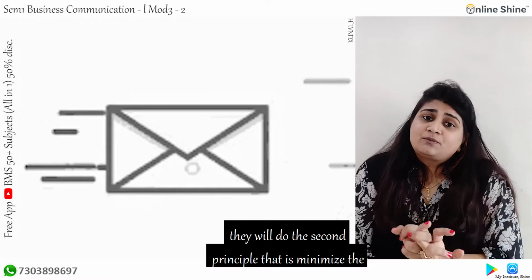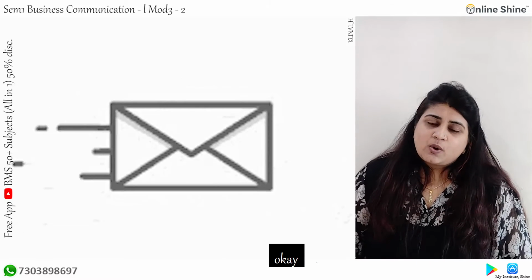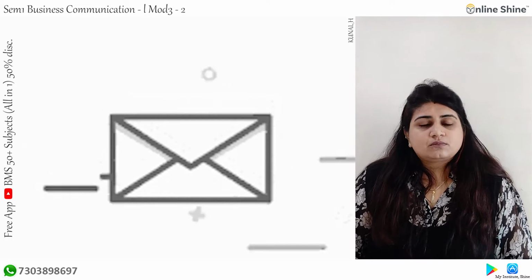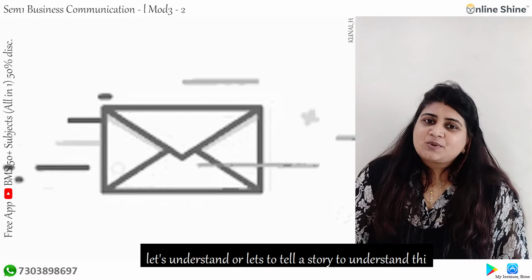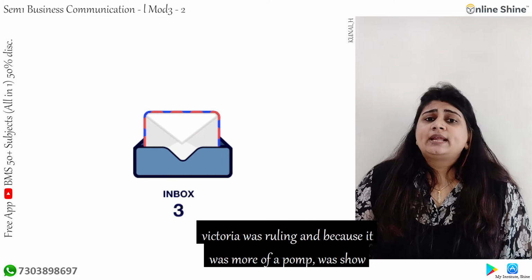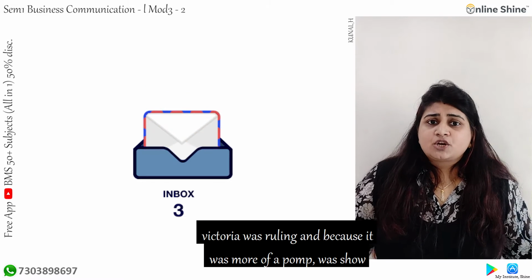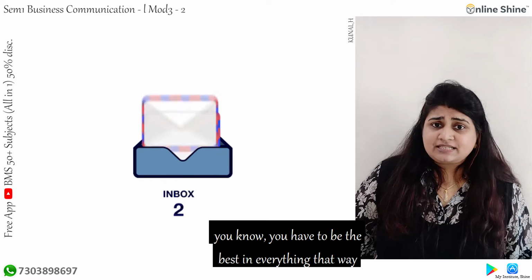Then we move to the second principle, that is minimize the use of business jargons. Let's look at a story to understand this. It was way back in the 19th century when Queen Victoria was ruling, and because it was more of a pompous show, you had to be the best in everything.